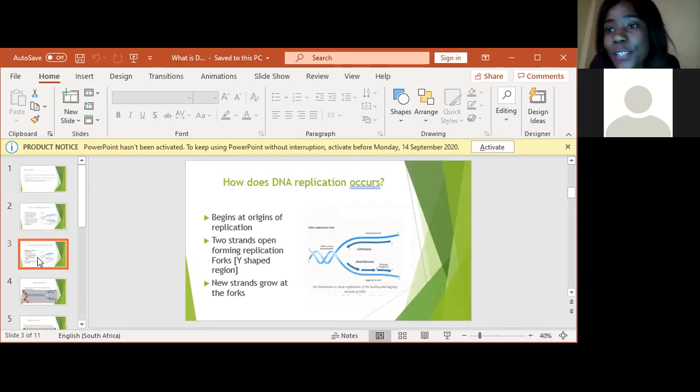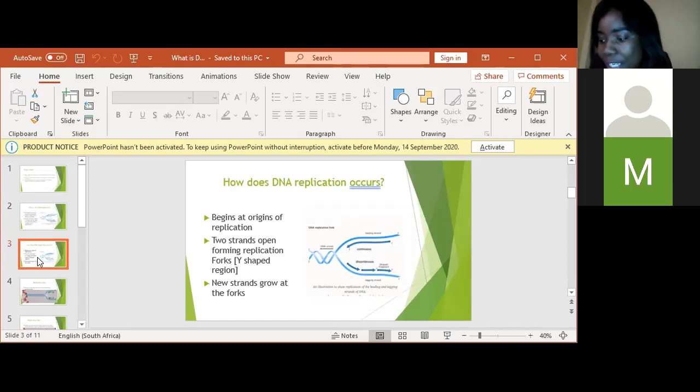The first step of DNA replication is catalyzed by the enzyme called DNA helicase, which unwinds the DNA double helix, thus separating it into two individual strands and creating a replication fork.